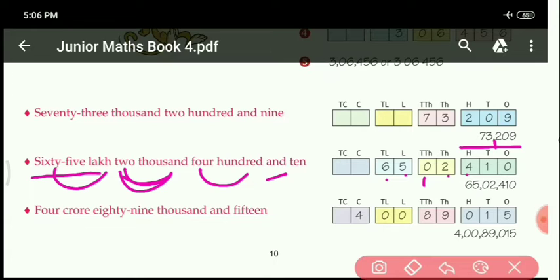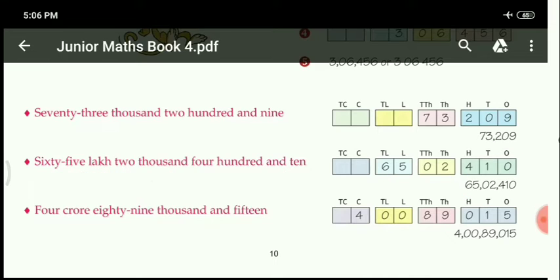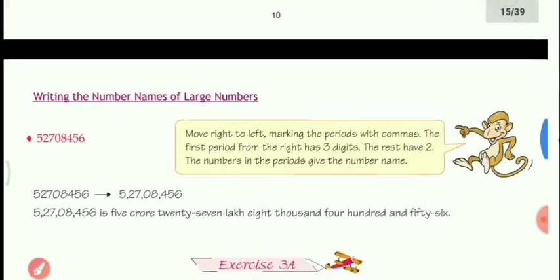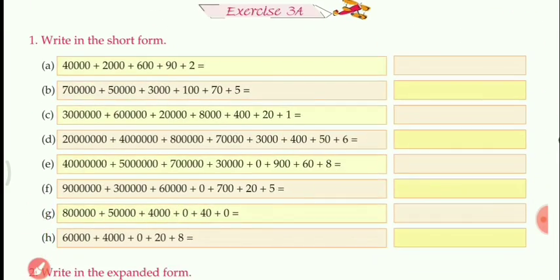Okay, and ones place not given here, so write here 0. So required number what is coming 65 lakh 2,410. Similarly you can do next part also. Okay. Now let us see the exercise after this.